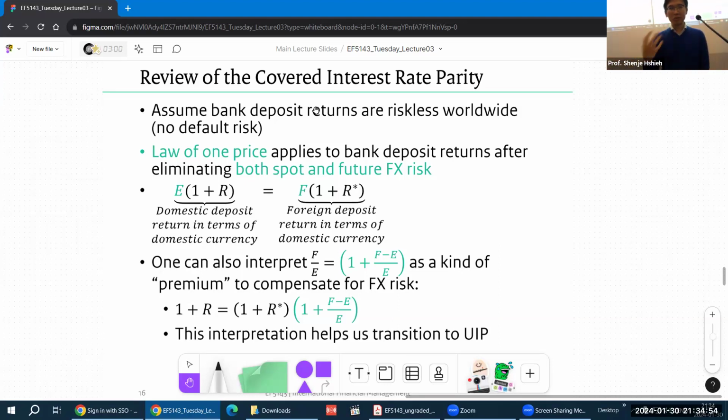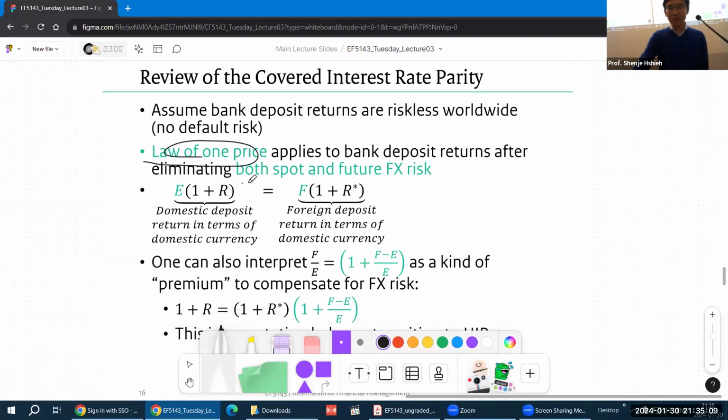Therefore, if you were to construct a carry trade and also engage a forward contract, you could end up with arbitrage profits if there was a violation of CIP. And it's intuitive because it's really just the law of one price after accounting for both spot and future risk. All it's saying is that bank deposit returns domestically must equal in value foreign deposit returns after currency conversion, right? That's all it's saying.